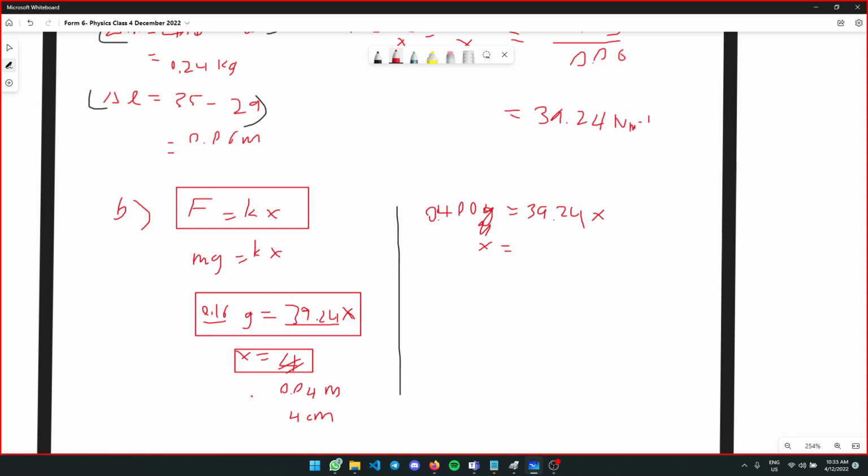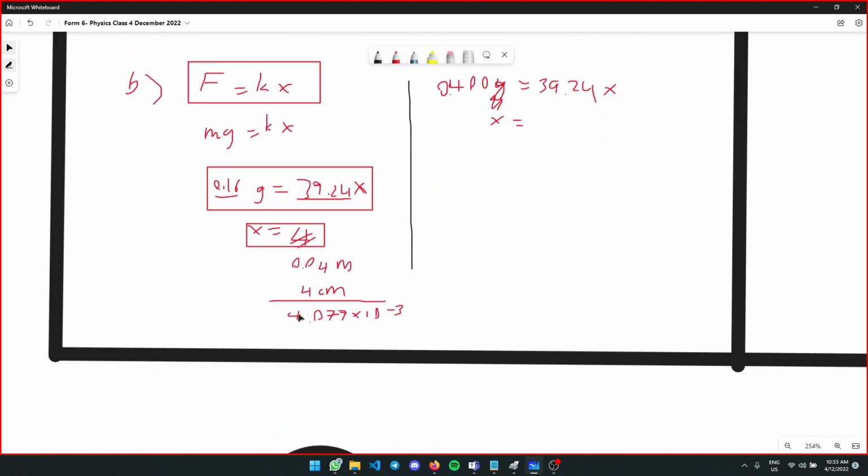The actual value you get is 4.077 times 10 to the power -3. You get this value, which is the same as 4 cm, 4.077 cm.